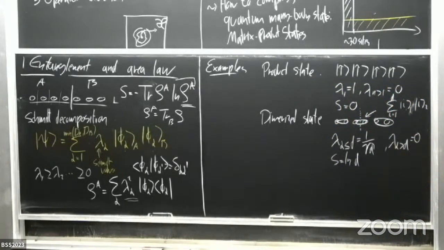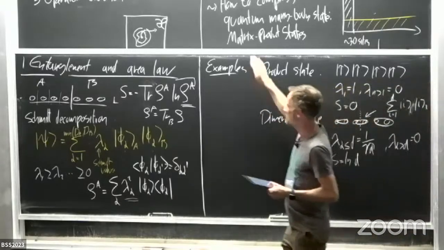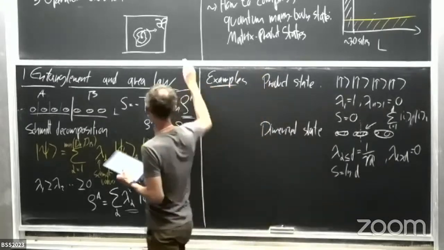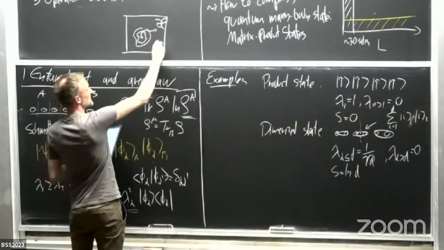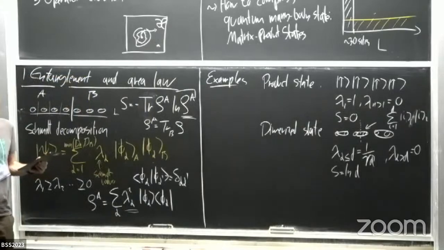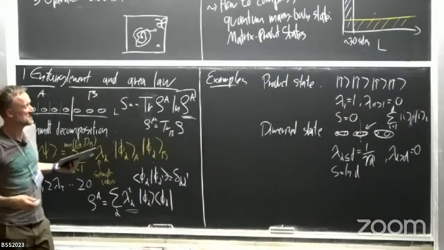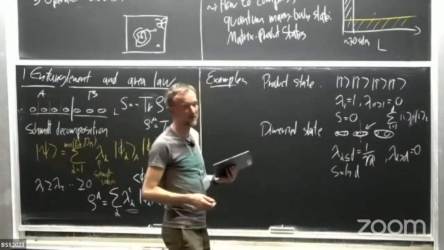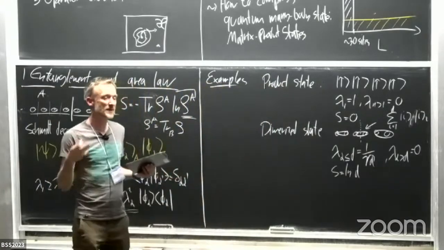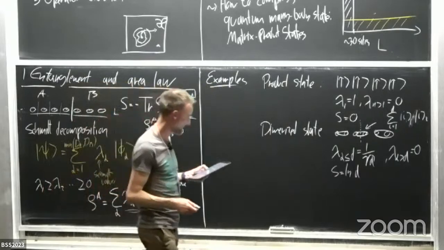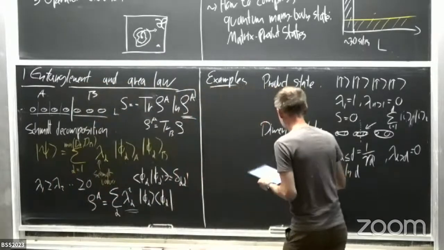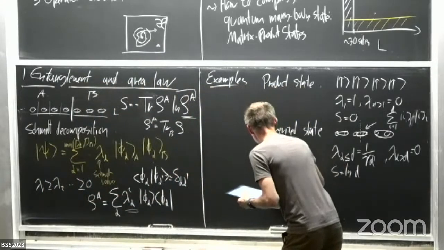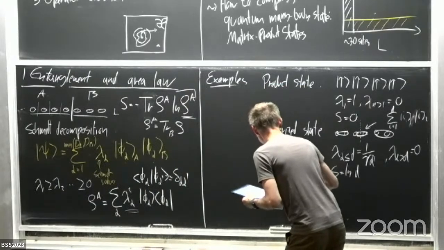Now, one last example, and this would be a random state. So basically, the experiment that I want to do now is I just take my many-body Hilbert space and pick a random state. Numerically, what I would do is choose random phases. I just write down the vector describing a many-body state, picking the amplitudes and the phases randomly, and then I find a state which is actually maximally entangled.